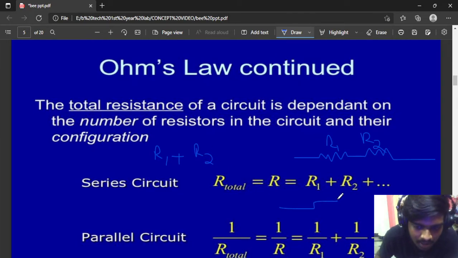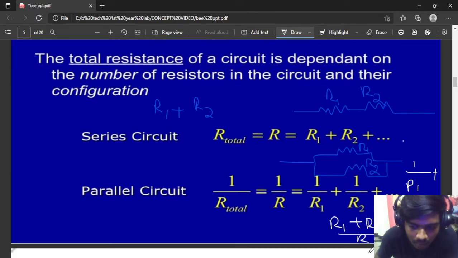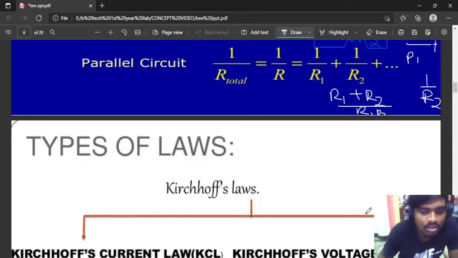Whereas in parallel connection, the equivalent resistance is 1/R1 + 1/R2, that is (R1 + R2)/(R1 R2), the sum of the resistors divided by the product of the resistors.